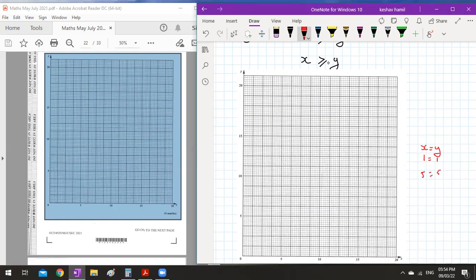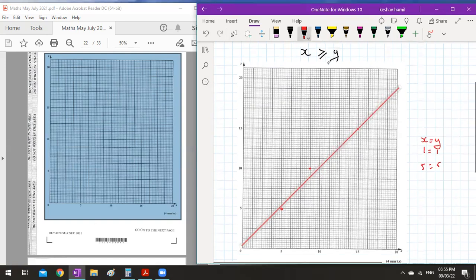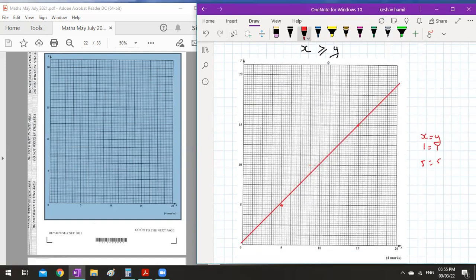So basically, you're plotting a straight line through 10 and 10, 15 and 15. You should just draw a straight line going through those points. So that would be x is equal to y.